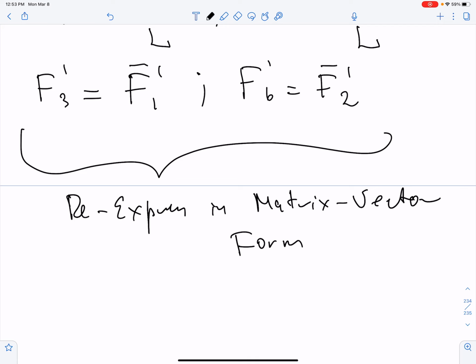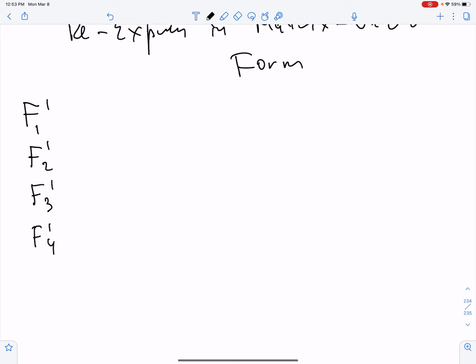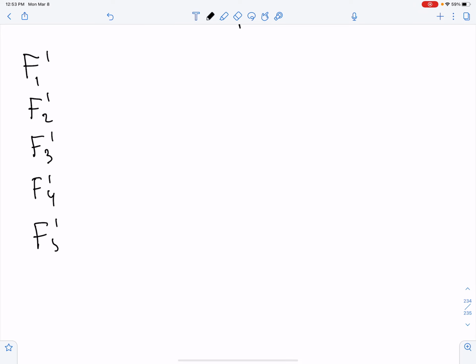And in that case, we get something interesting. So now, on the left, I'm going to line up the F primes without the overbar: 1, 2, 3, 4, 5, and then 6.